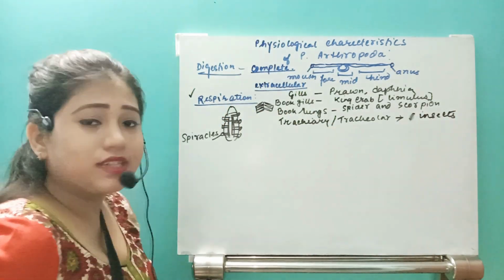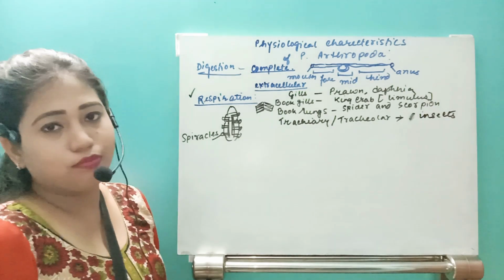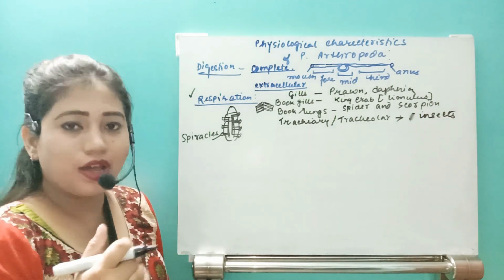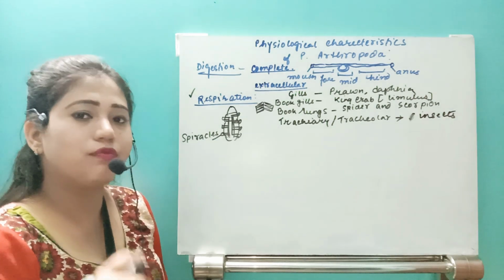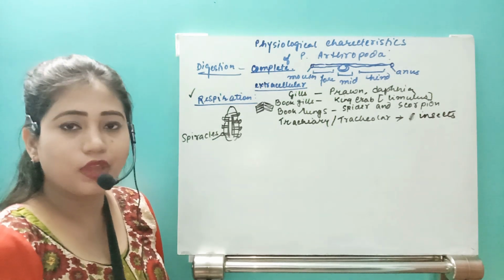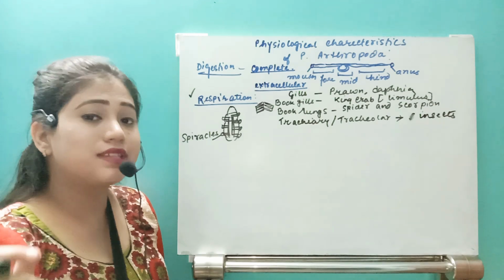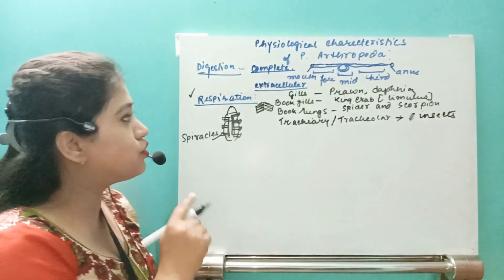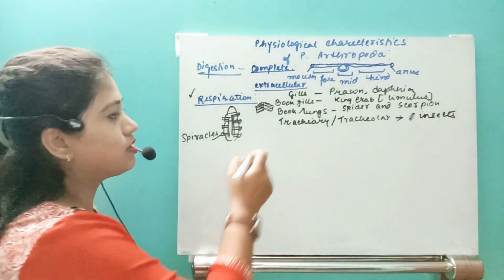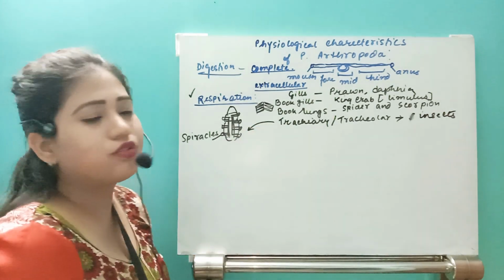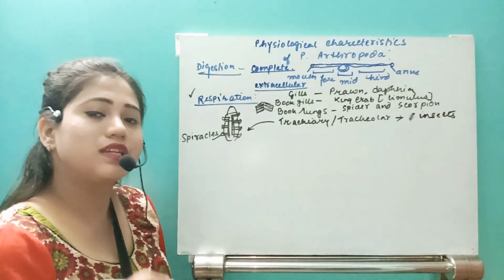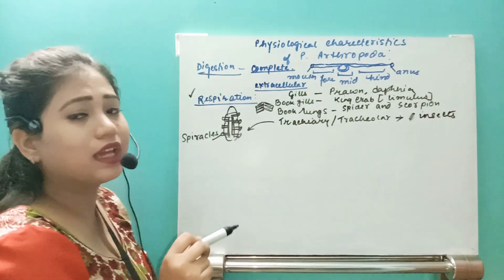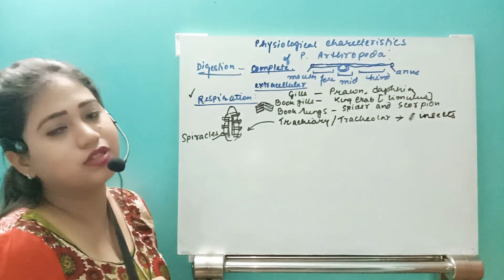One thing let me tell you, this is very much important. In our case, our respiratory system will take the gas to the lung. From the lung, who will take this gas to your tissues? This is blood, right? But this tracheary or tracheolar system is present in insects, where every tissue has direct connection with the passages.